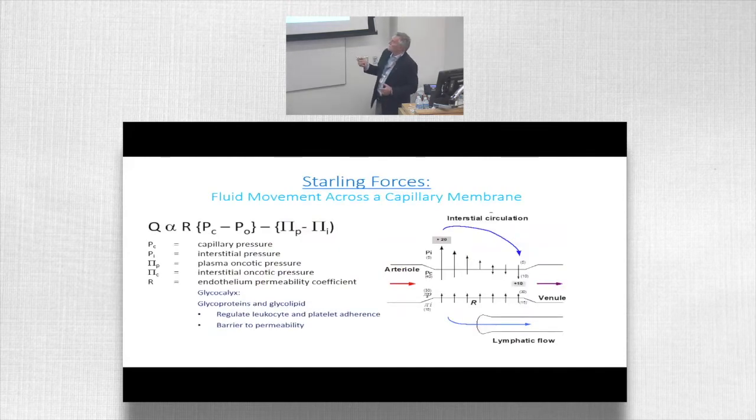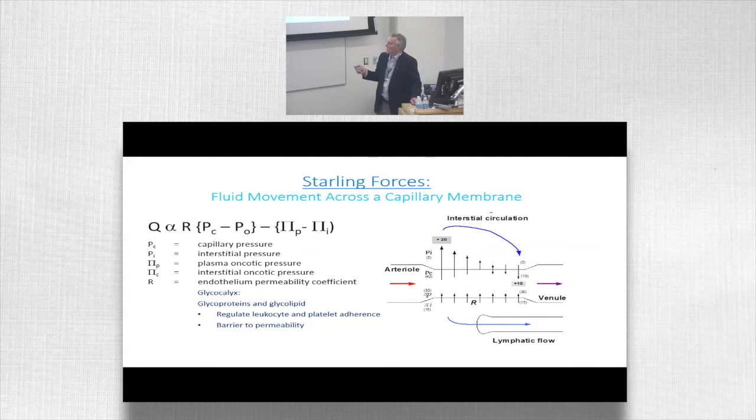And that's a very important component because Starling described another force, and that was the fluid movement across capillary membranes. And that's dependent on the driving pressure at the arteriole end of the capillary and the balance between that driving pressure out and the interstitial pressure that would be preventing that, and the balance between oncotic pressure between both interstitial and vascular spaces. Important point here is this R, this permeability coefficient.